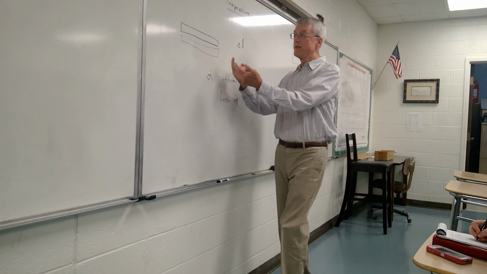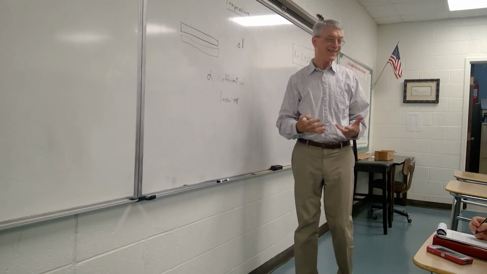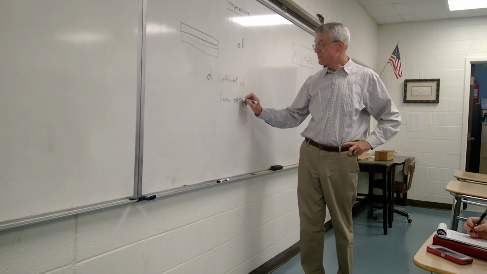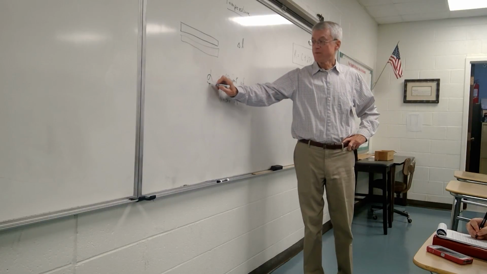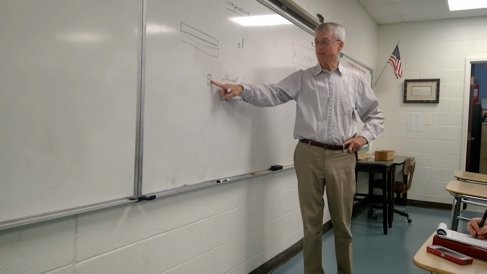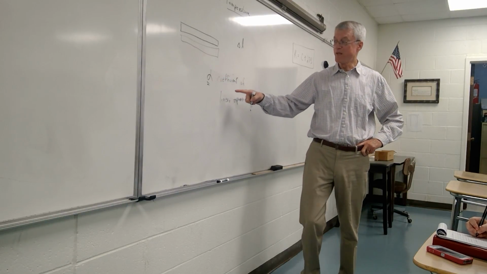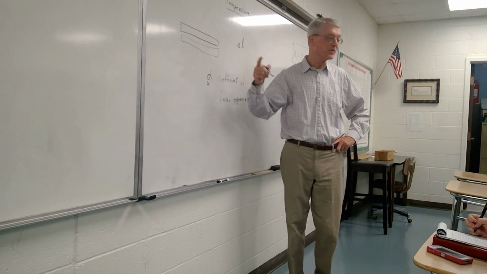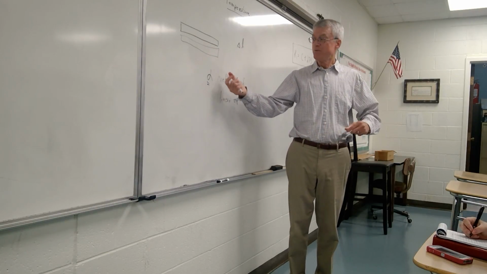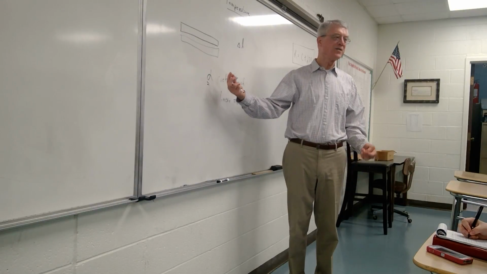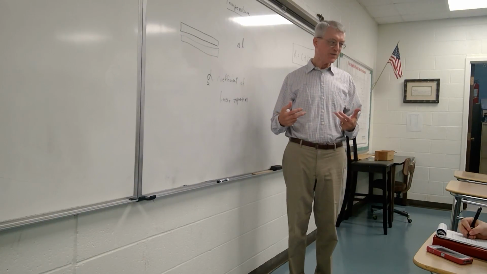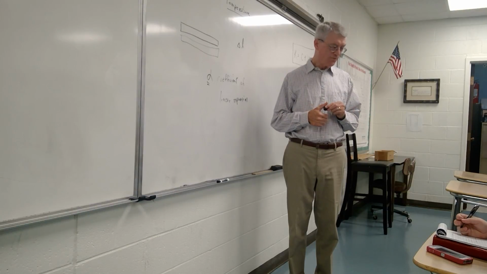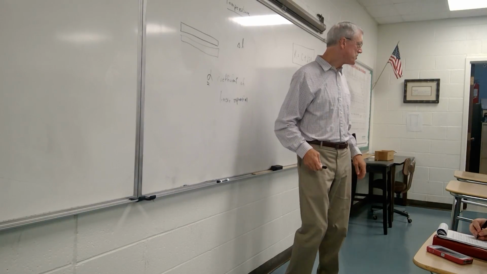Linear means we're just talking about how much longer the rod gets, or anything, how much longer it gets. And this constant, the coefficient of linear expansion, simply depends on what the material is. Like lead would have a certain number, and concrete would have a certain number, and iron would have a number, and so forth.